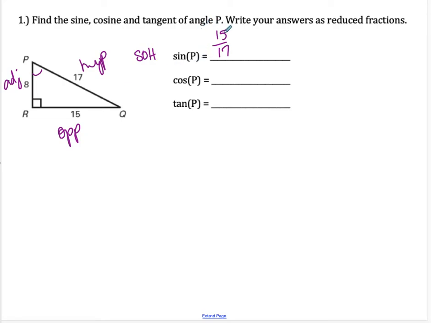Now let's say that this was 15 over 20 and there was something to reduce there, then we would want to. Cosine from angle P. CAH. Adjacent divided by hypotenuse. So we're going to write 8 over 17.